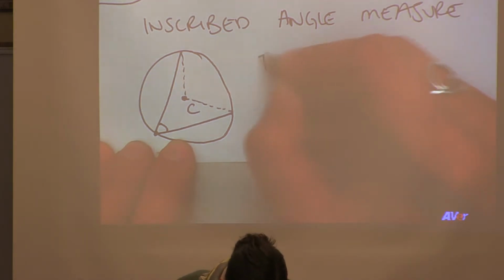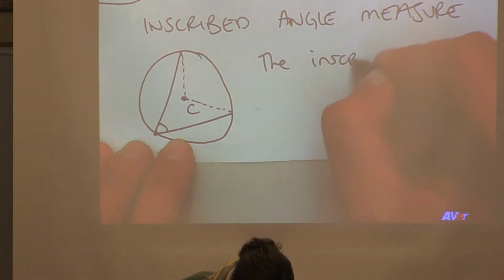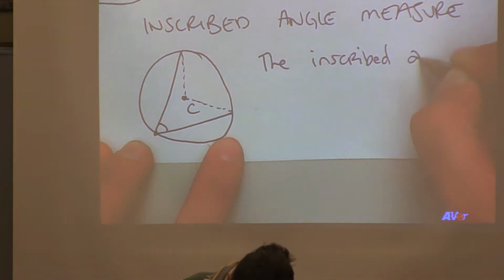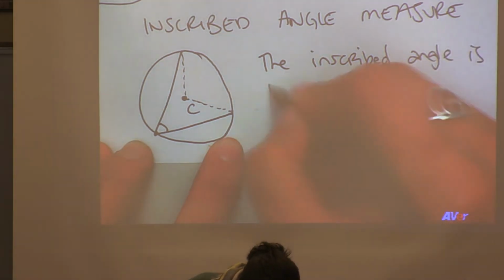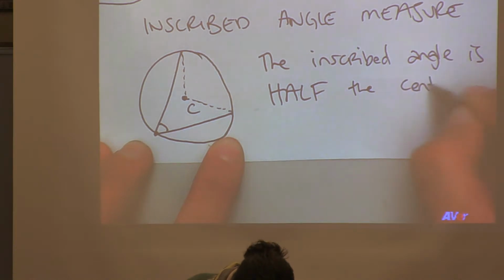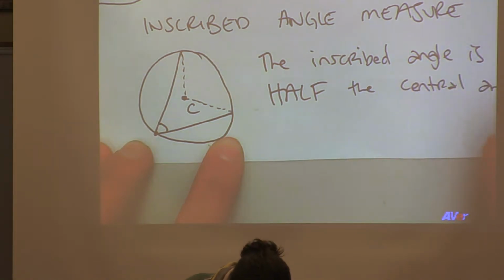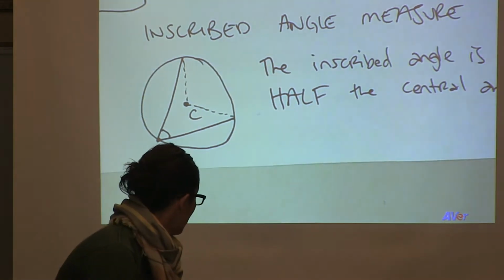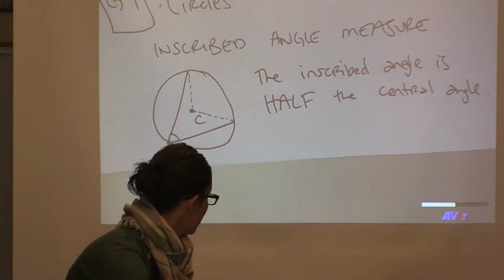The thing I'm going to say here is that the inscribed angle is half the central angle. It's like if you had a rubber band and you pulled it back.